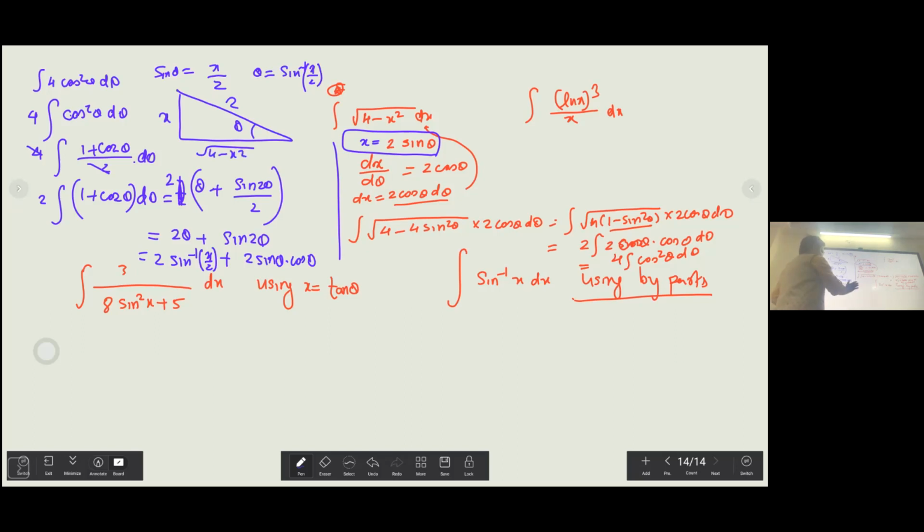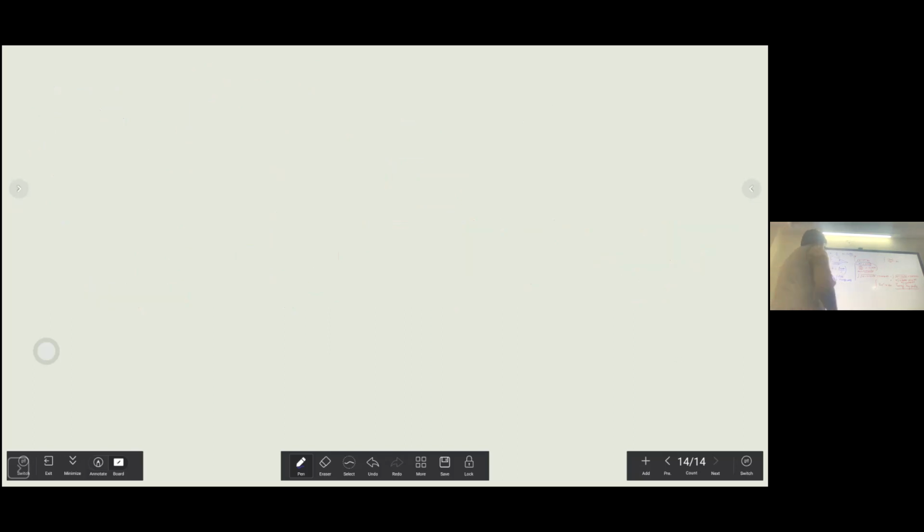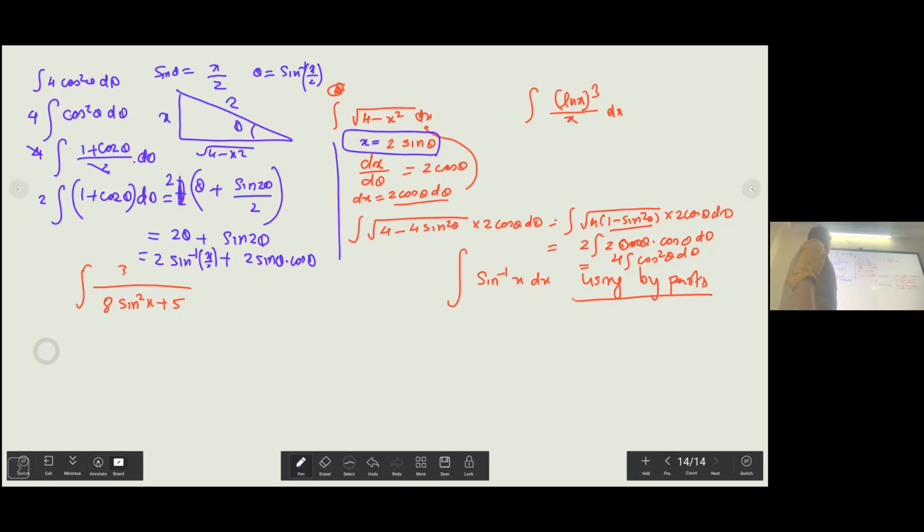Basically, if I rewrite it, this is going to become plus, in place of sine theta I'm going to put x upon 2, and in place of cos theta, I'm going to put root 4 minus x square upon 2. So this 2 and 2 cancel, and as a result, my final answer is 2 sine inverse x upon 2 plus x root of 4 minus x square upon 2 plus c.